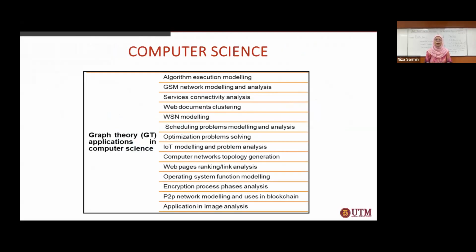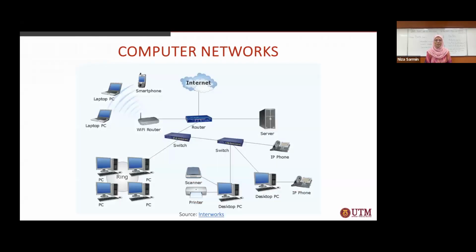In computer science, if you are interested in doing more research or taking classes from computer science, you will see graphs in modeling, analysis, web documents, web page optimization, and image analysis. In computer networks, we have the internet, there's a router.